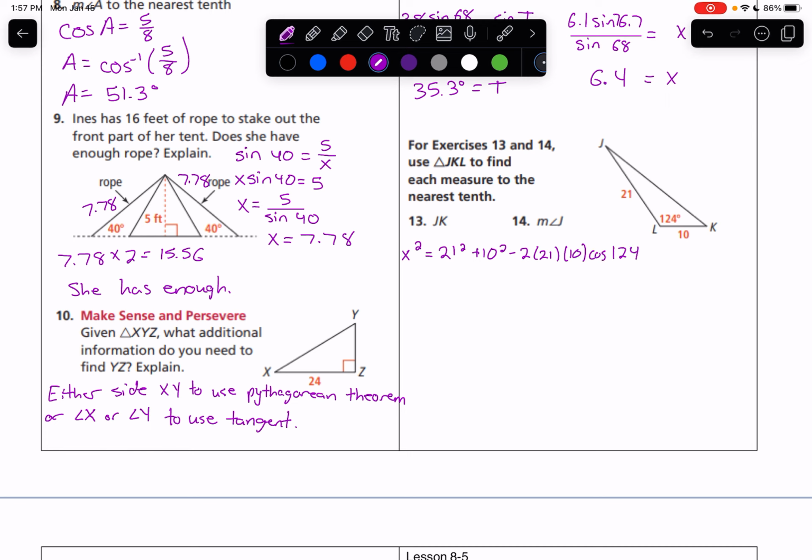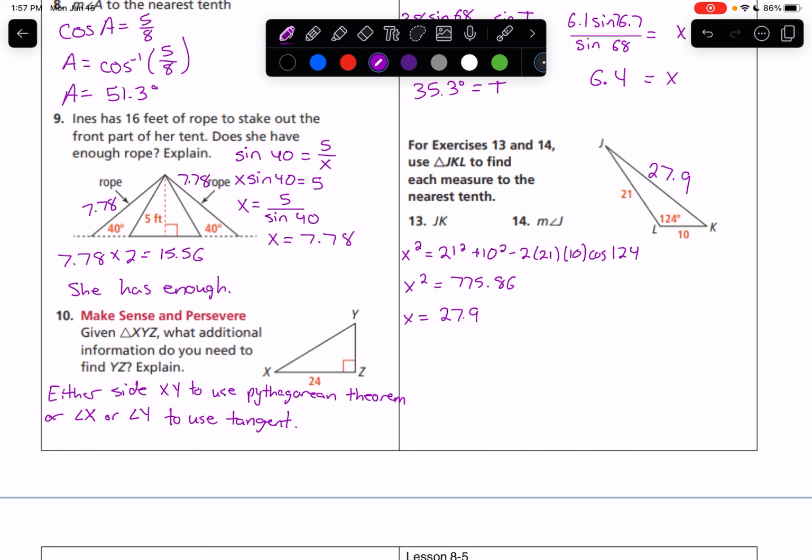Then we'll put all of that into a calculator all at once and find out that x squared is equal to 775.86 or thereabouts. Take the square root of both sides, and we'll find that x equals 27.9. So that's JK, which is 27.9.